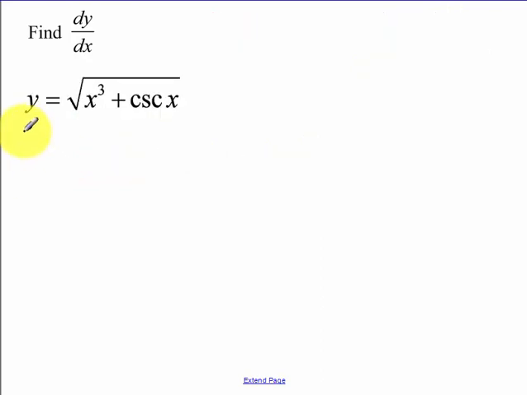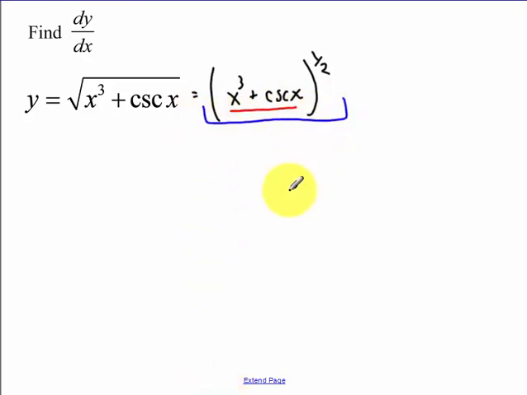Okay, now this one is like saying x cubed plus cosecant x to the 1/2 power. I recommend you do that. So what we have is the inside function is that, and then we have the whole outside function, which is something to the 1/2 power.